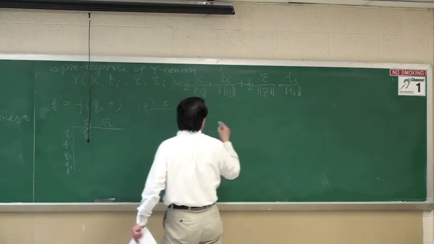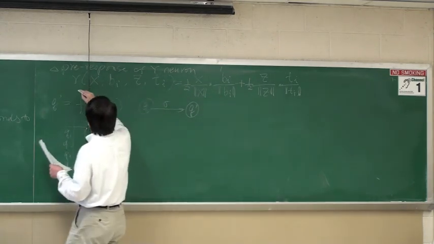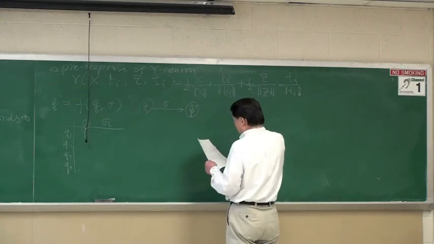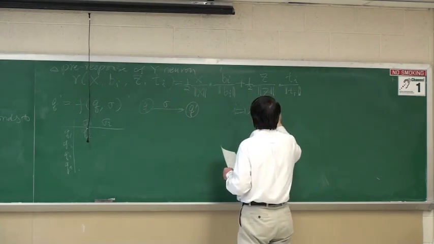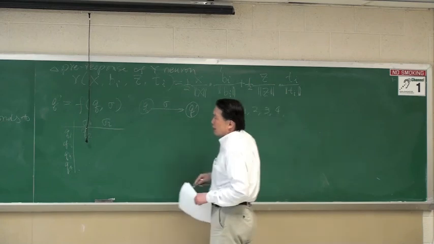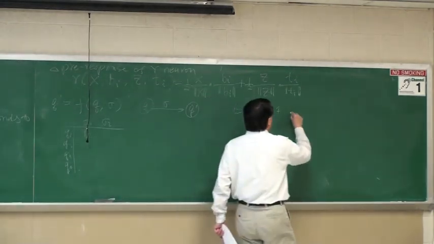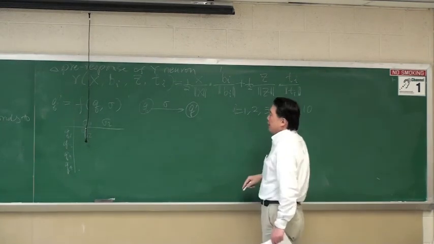This is neuron i, when i equals 1, 2, 3, 4. How many neurons do we have here? 10, so it goes to 10.